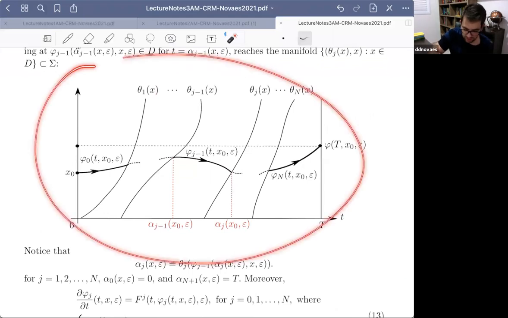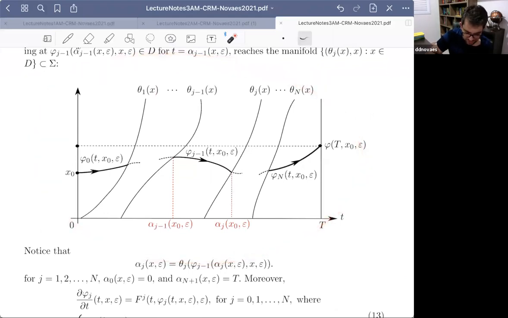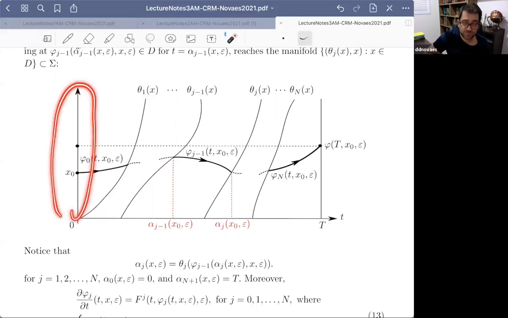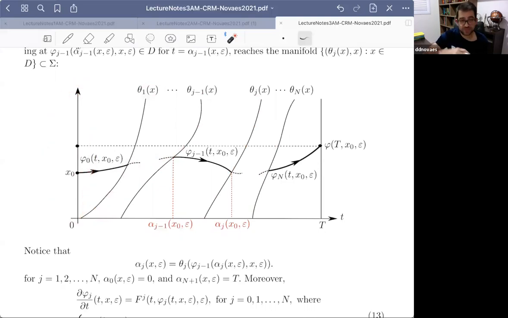Let me just comment on this picture. The discontinuous sets are given now by these curves. Okay, so this is a graph. However, the domain of the graph is the spatial domain. Okay, so this is saying how the time varies with the spatial variable. Then I'm defining the discontinuity manifold by these graphs.